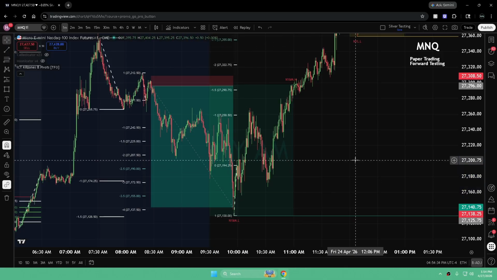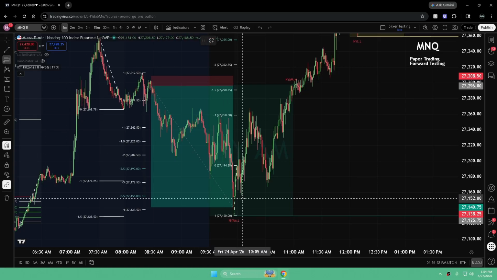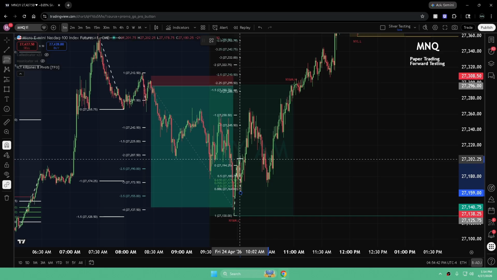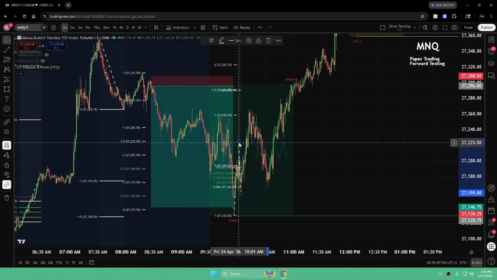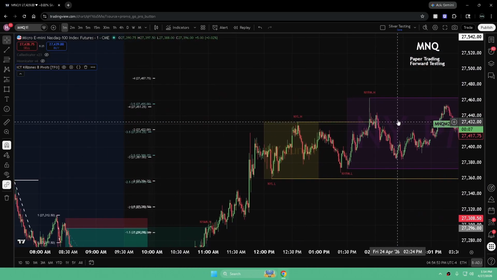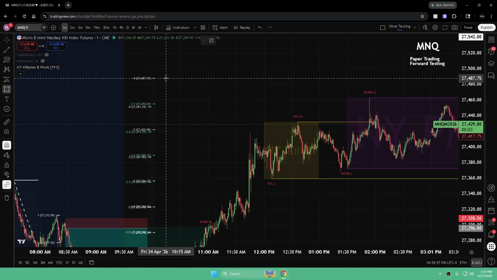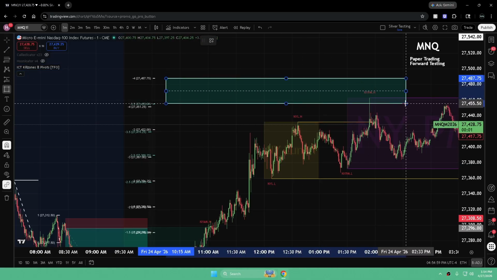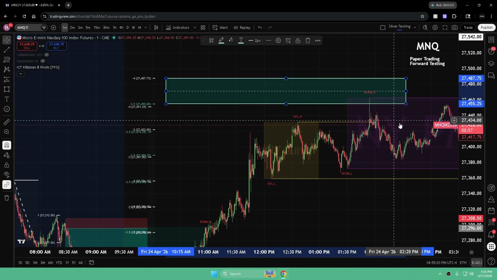If you also take your first manipulation leg, we have this wick to here. But if anything, I would take it to the wick because this wick is huge. And then you have your standard deviations. You have 3.5 again. And in between 3.5 and negative 4, we have our center of that.